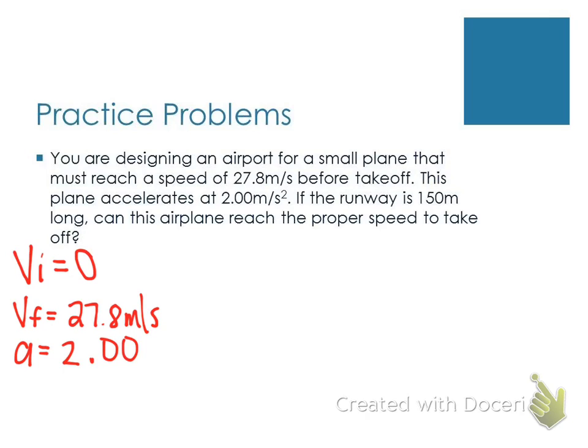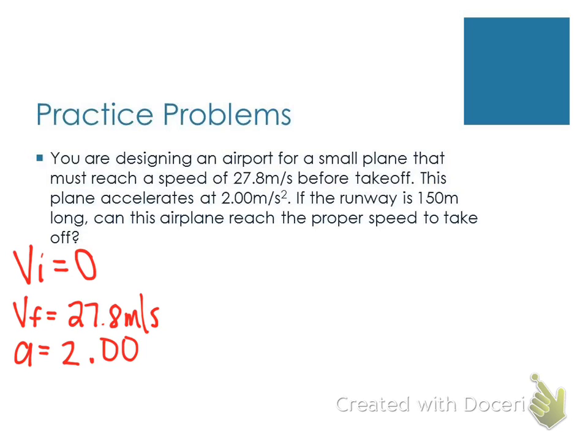We need to find out the exact length that the runway needs to be in order for that plane to reach a speed of 27.8 meters per second. So the 150 meters here is just a reference point for us. We've got to find the distance it takes for this plane to reach that final speed of 27.8 meters per second, and then we can compare: is 150 meters long enough or is it not?